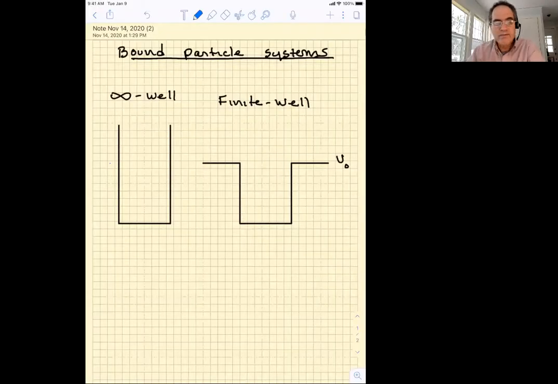Okay, so far we've looked at two bound particle systems. We've looked at the infinite well, or particle in a box, and we've looked at the finite well, which we talked about last time.